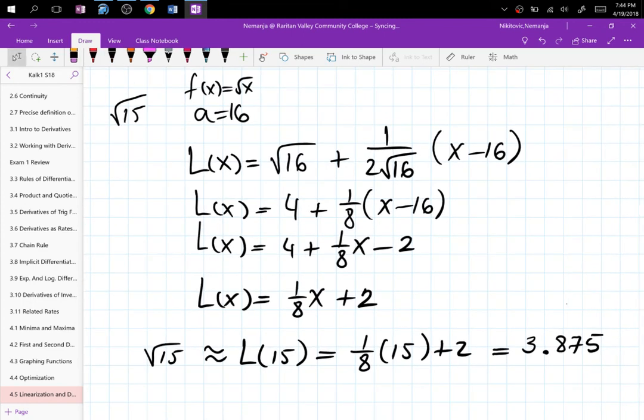So linearization was developed for us to calculate things in the era when we didn't have the calculator. So what is linearization? Linearization approximates the value of the function. The second part of this lecture is differentials. Differentials approximate the change in the value of the function. So it's different.